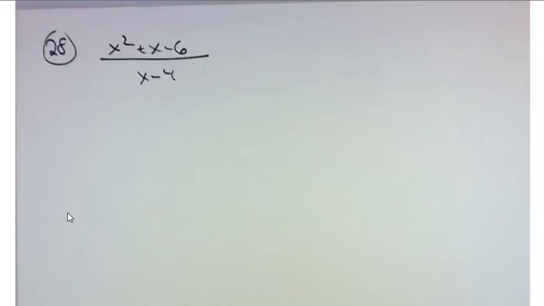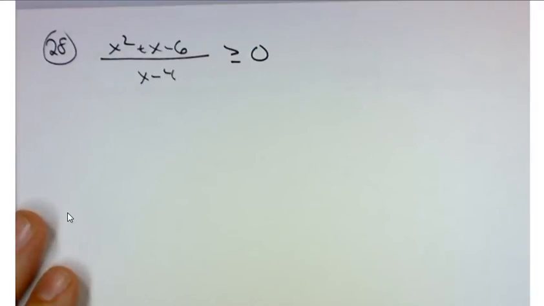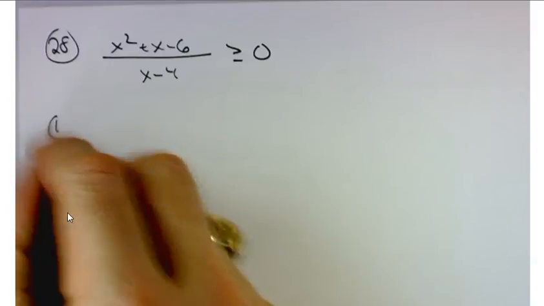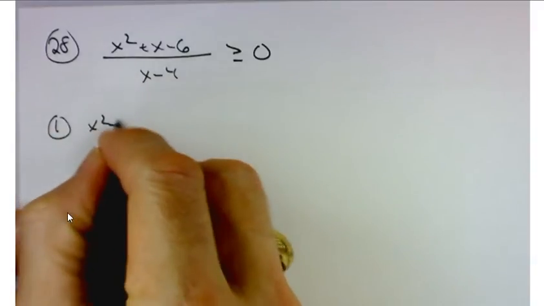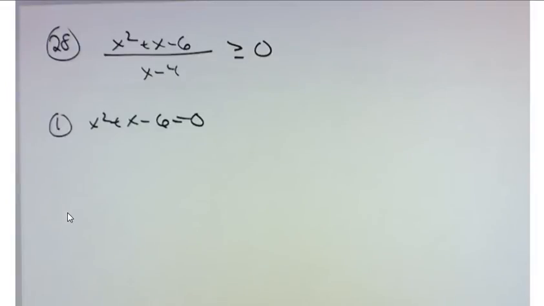And let's see. I want to know whether that's positive or negative. I didn't write that part down. Greater than or equal to 0? Perfect. Greater than or equal to 0. So there's a couple points that we got to find first. I need to know, for instance, where x squared plus x minus 6 equals 0. So let me start back around the room here. Lisa, how does that factor, please?